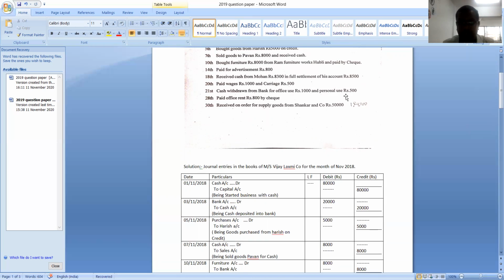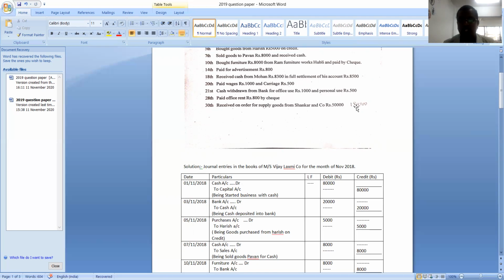Later I will tell you about another kind of transaction which belongs to the same category. Here cash is withdrawn from bank, so one account is bank account, and it is withdrawn for two purposes: office use and personal use. So office use indicates cash account, and personal use indicates drawings account.